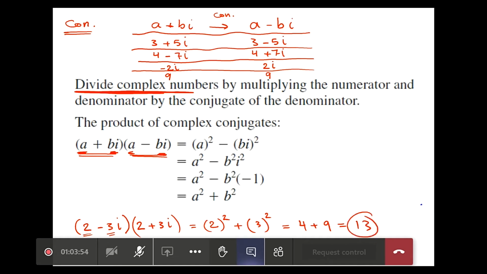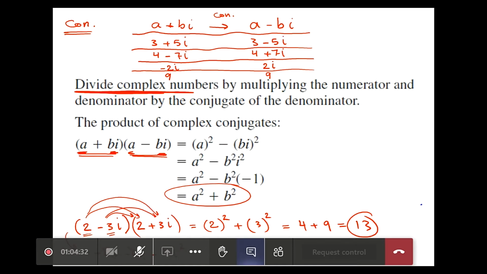Okay, look at this. If we multiply the number and the conjugate in the traditional way, without this law: 2 multiply 2 is 4, 2 multiply 3i is 6i, minus 3 multiply 2 is minus 6i, minus 3 multiply 3i, we have minus 9i square.